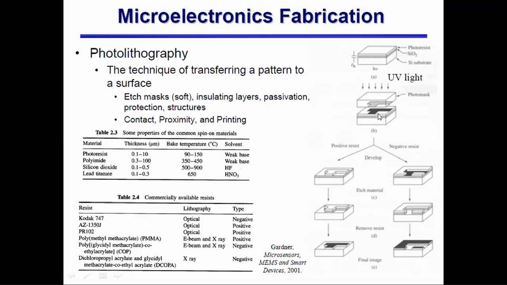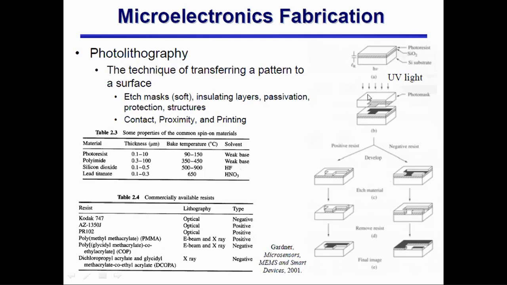So here you could visualize that this white portion of the photoresist is exposed to UV light, whereas the black portion is the unexposed photoresist.